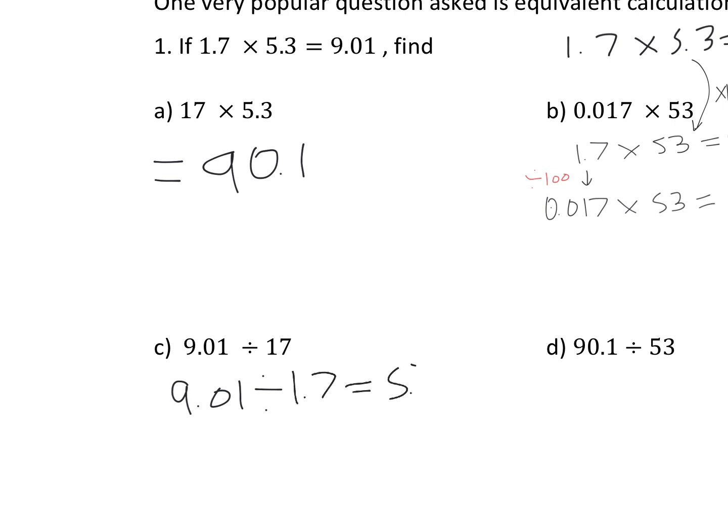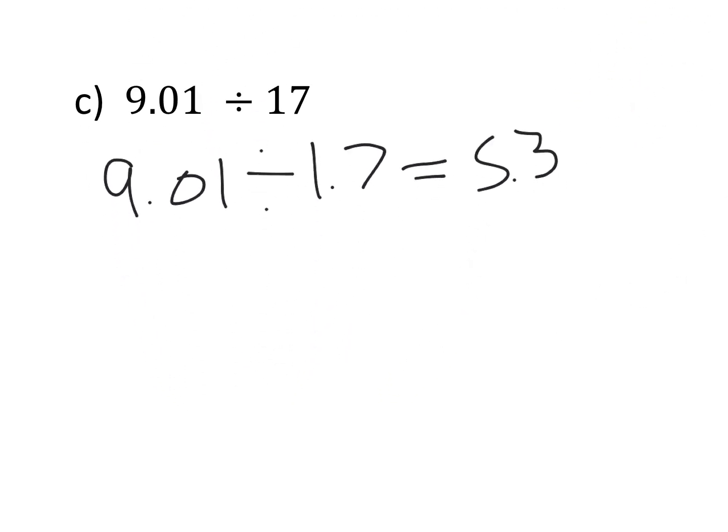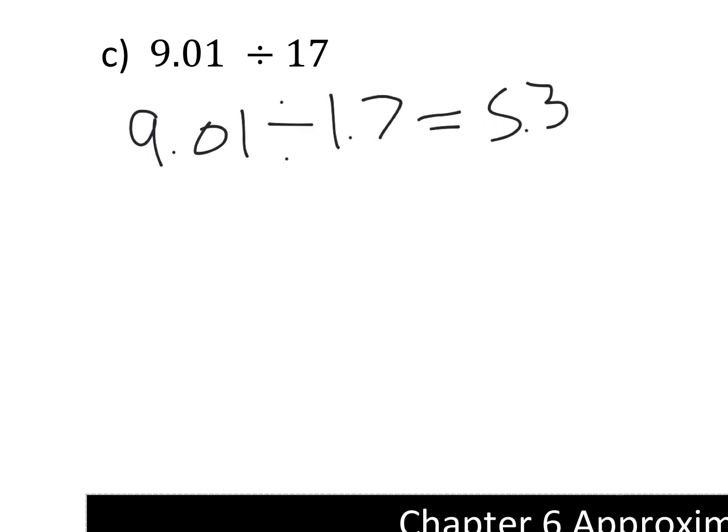And the answer would be 5.3. Okay? 9.01 divided by 1.7 is 5.3 because 5.3 times 1.7 is 9.01. So let's use this result to help us with this one.